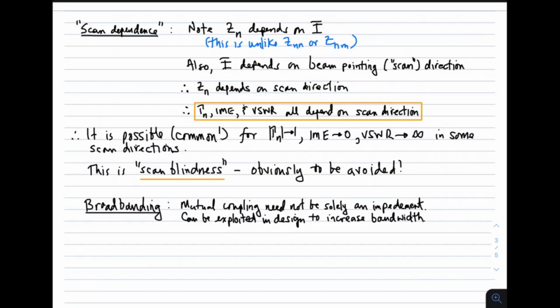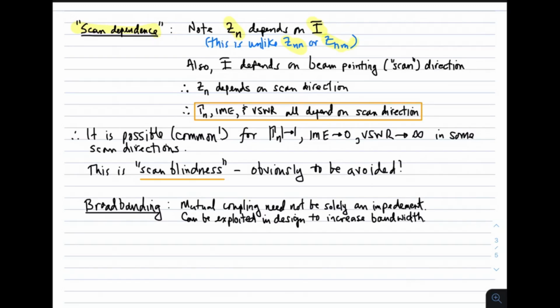I'd like to conclude this lecture with two final ideas. One is scan dependence. So we've seen above that the active impedances depend on the currents. That's what makes these kind of unusual as impedances. They depend on the stimulus, unlike most impedances like self-impedances and mutual impedances.